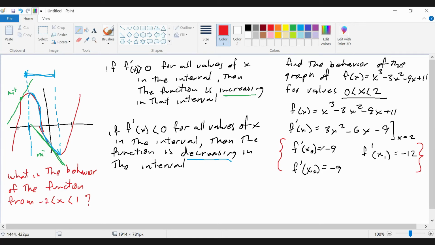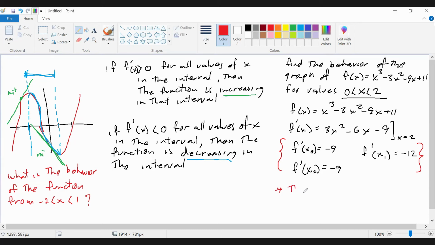It's all negative. So it is less than 0. So by definition in our test, if the value of f prime of x is less than 0, then it's a decreasing function.